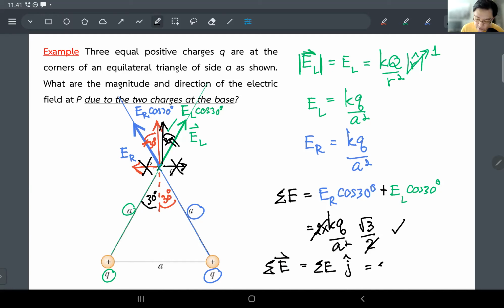You can just say sigma E pointing upward. That's fine, right? Because to define a vector quantity, you need magnitude and direction. That's what you have. See, not bad. Is it doable? Yes, yes, yes.